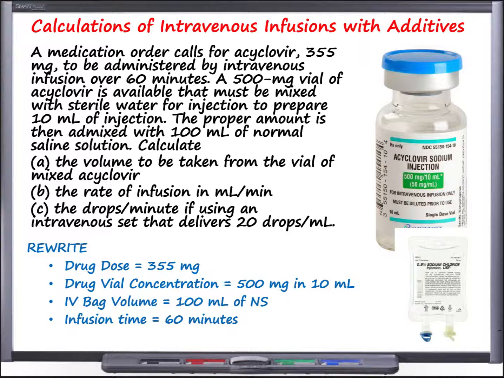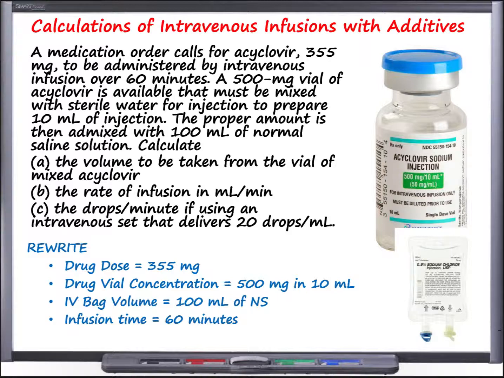So let's rewrite some of the information. The important information is that the dose of acyclovir we want is 355 milligrams. We're going to obtain that dose using an IV drug vial that contains more than we need. It actually contains 500 milligrams, and that 500 milligrams, when reconstituted, will be in a total volume of 10 milliliters inside the vial.